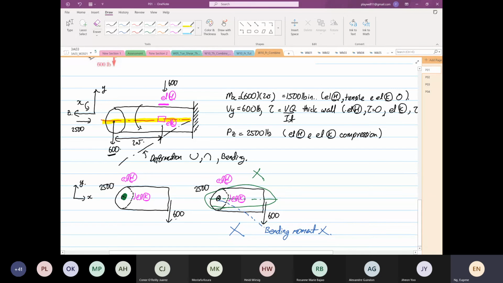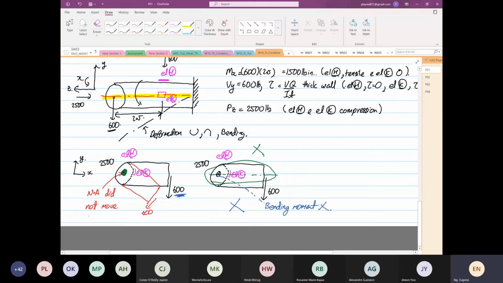When 600 has been acted upon, how does the deformation look like? The deformation looks like this. And what you realize is that the neutral axis did not move.